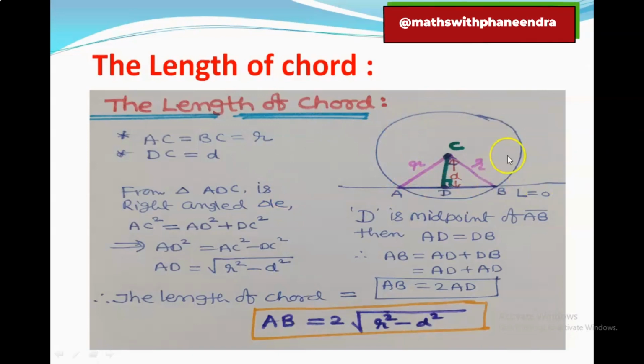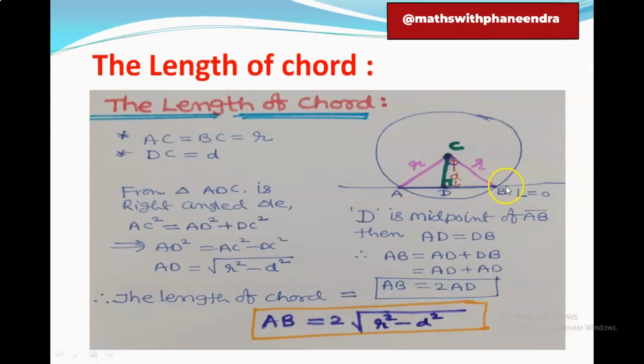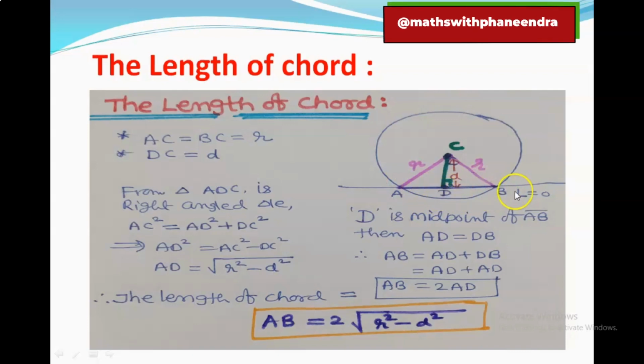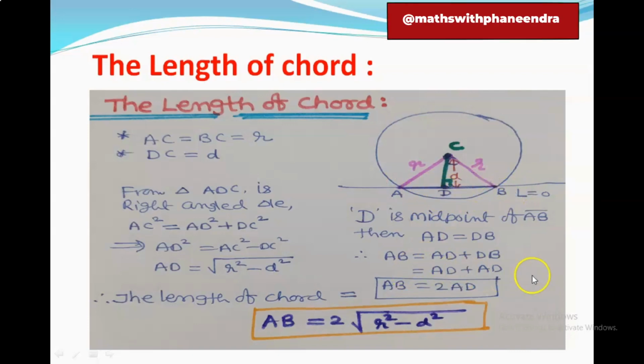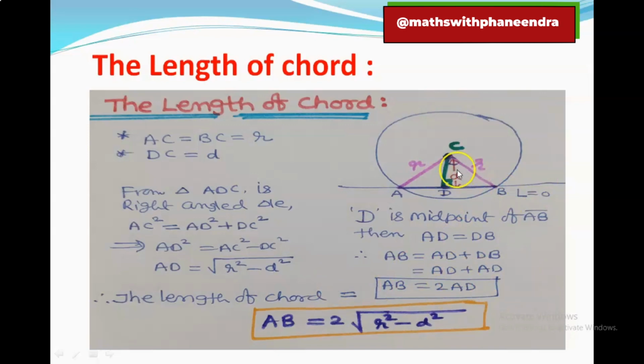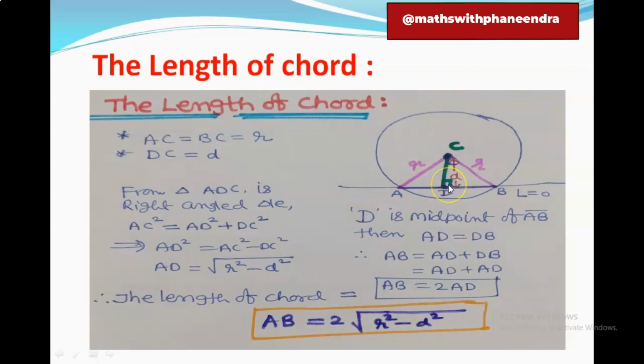From C you draw one perpendicular which bisects the line segment AB. Therefore AD = DB because D is the midpoint. So AB = AD + DB, and since AD = DB, AB = 2AD. How do we get the AD value? From the center to the line, the distance is denoted by small d, and from the center to a point on the circle is the radius.